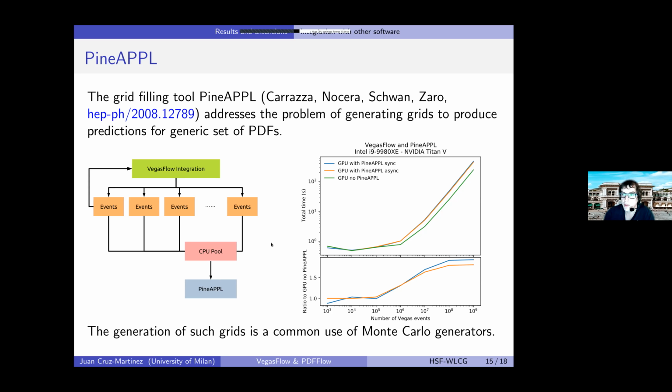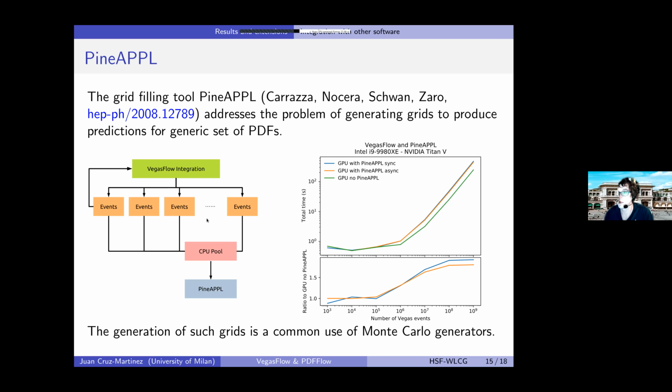So we show that it's easily integrable with VegasFlow, even when the PineAPPL part is running completely on CPU. So you can, let's say for free again, have this CPU-GPU hybrid model where your calculation is accelerated, and whenever it needs to stop to fill the grid, it will.